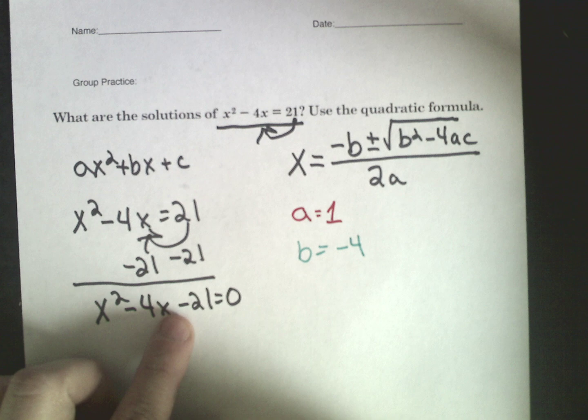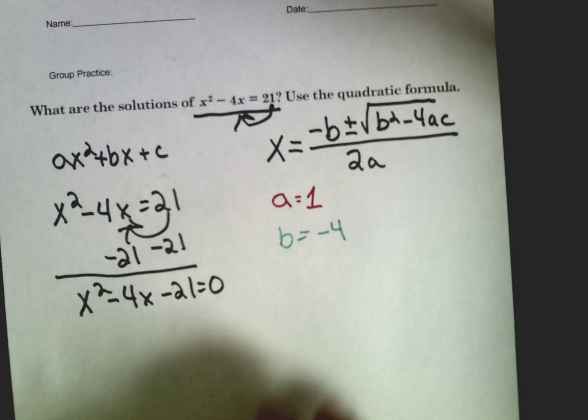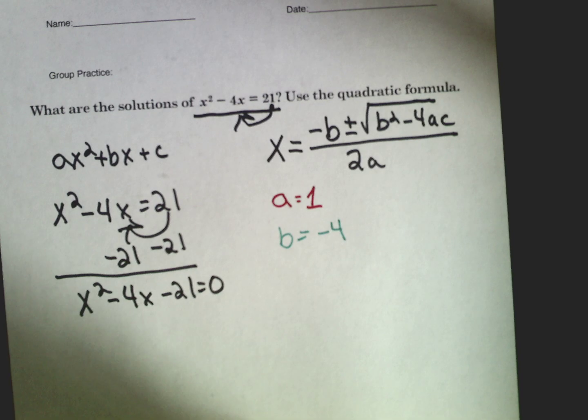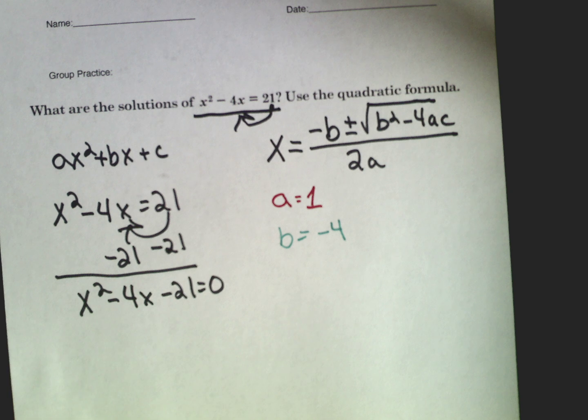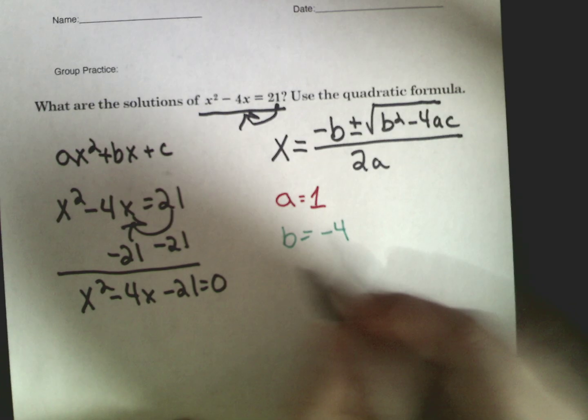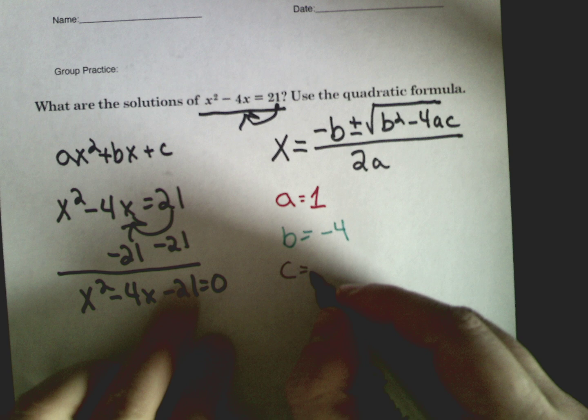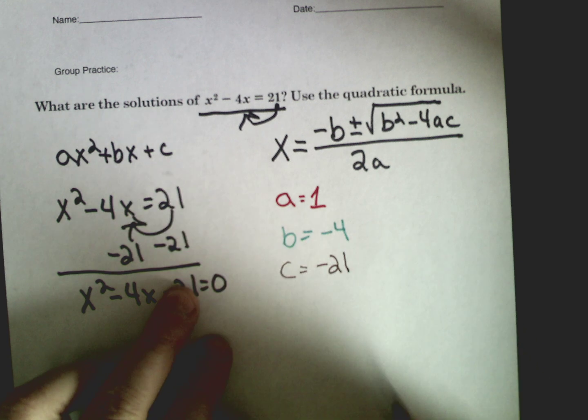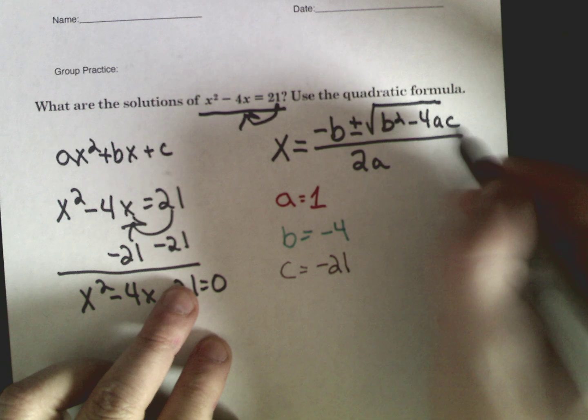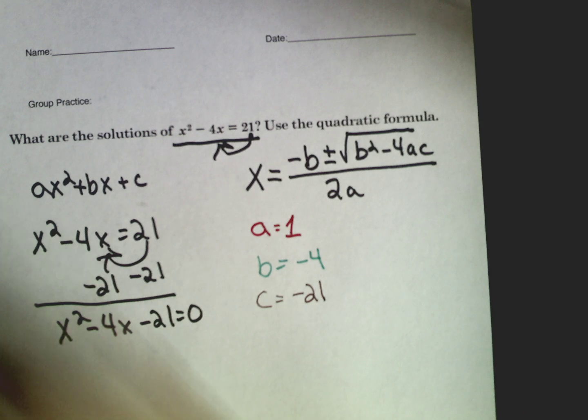And our c is over here, it's negative 21. A, b, and c. So now we start plugging them in.